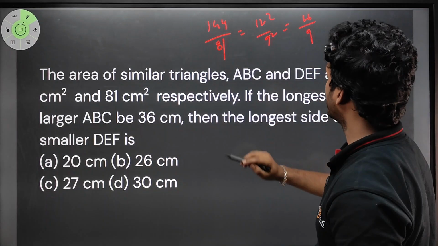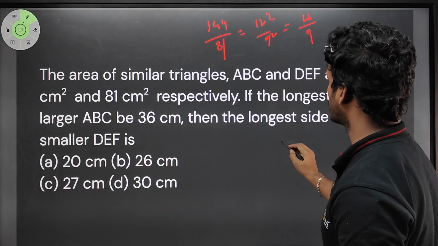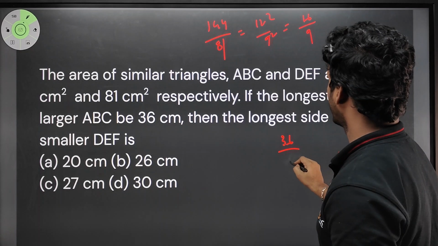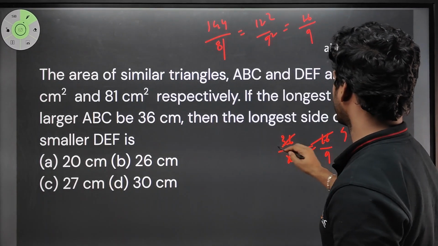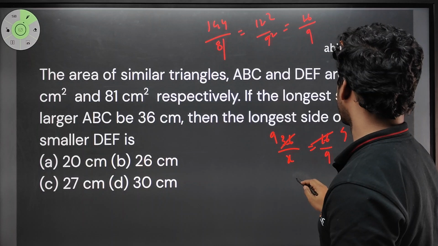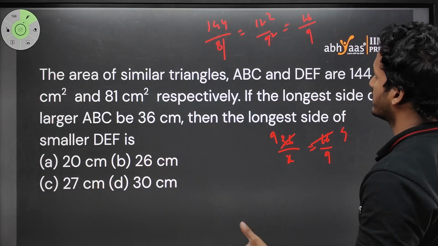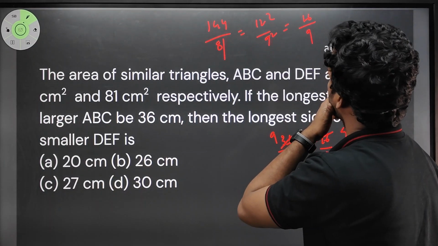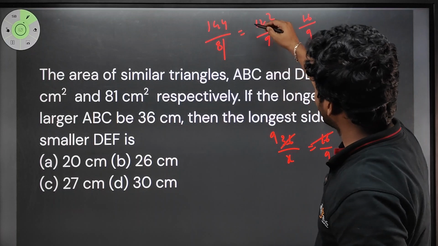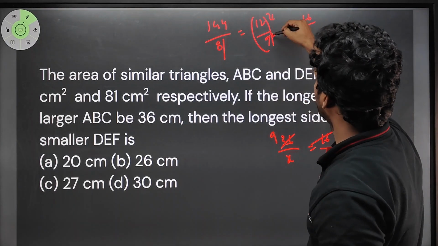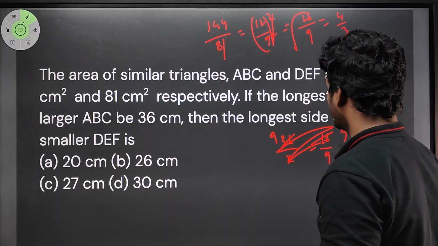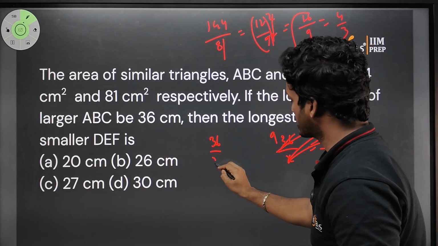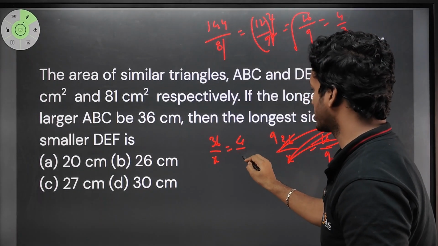So the larger triangle ABC and this one would be in the ratio of 36 by x is equal to 16 by 9. Wait a minute, sorry, the areas are in the ratio of squares of their sides, so we have to take the square root of that, and we got it as 4 is to 3. So 36 by x has to be equal to 4 by 3.